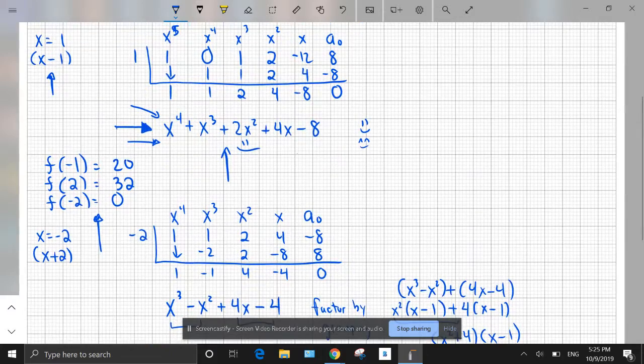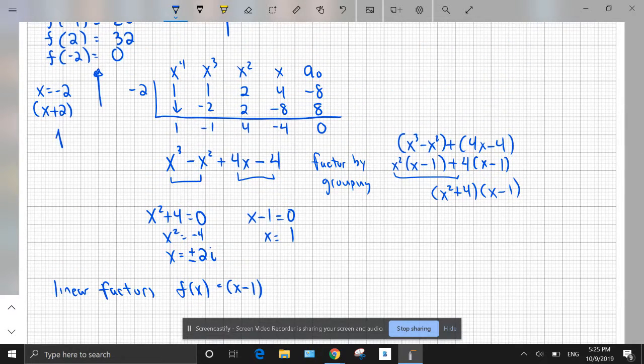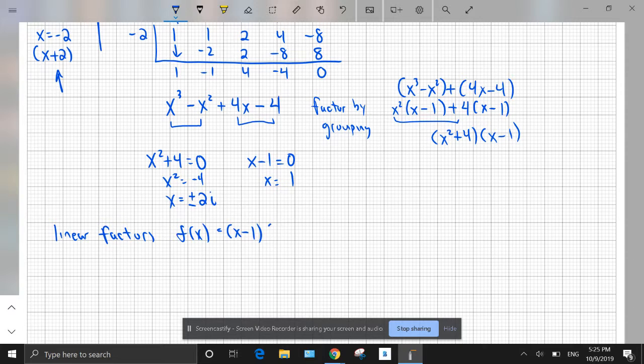Our first will be this one right here, x minus 1, followed by x plus 2, followed by this one right here, x minus 1, followed by our complex factors, x plus 2i and x minus 2i.